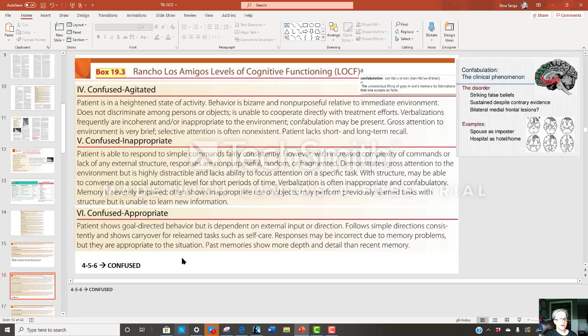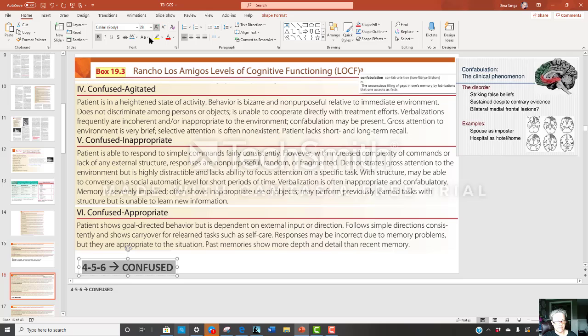Okay, let's move on to 5. Confused, inappropriate. So 4 is confused and agitated; 4, 5, and 6. 5 is confused and inappropriate. I think I would take inappropriate over agitated any day.